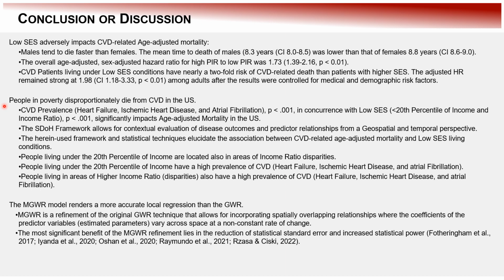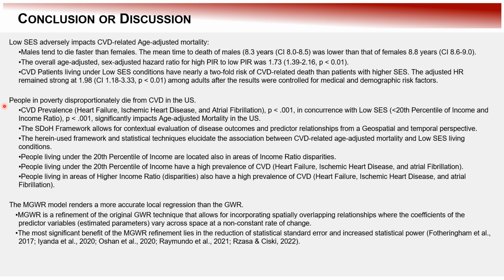The social determinants of health framework, therefore, allows for the contextual evaluation of disease outcomes and predictor relationships from a geospatial and temporal perspective. Thus, that framework used in this evaluation and the statistical techniques help to elucidate the association between cardiovascular-related age-adjusted mortality and low socioeconomic status living conditions.